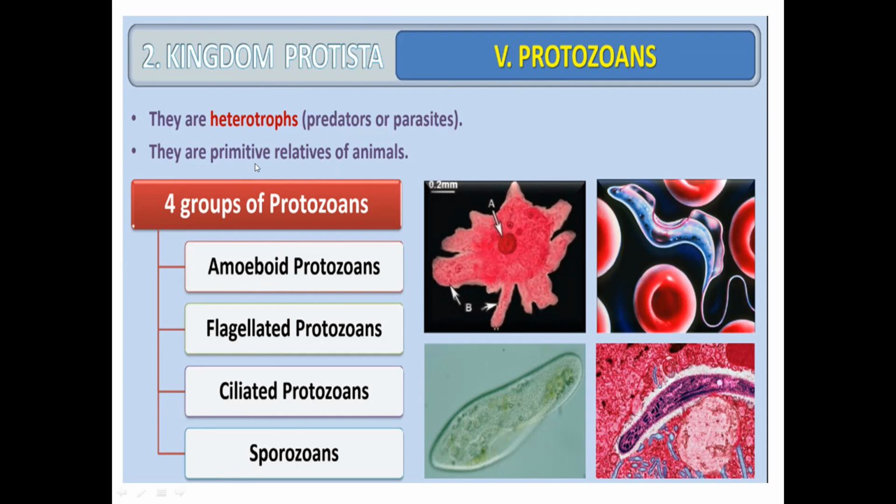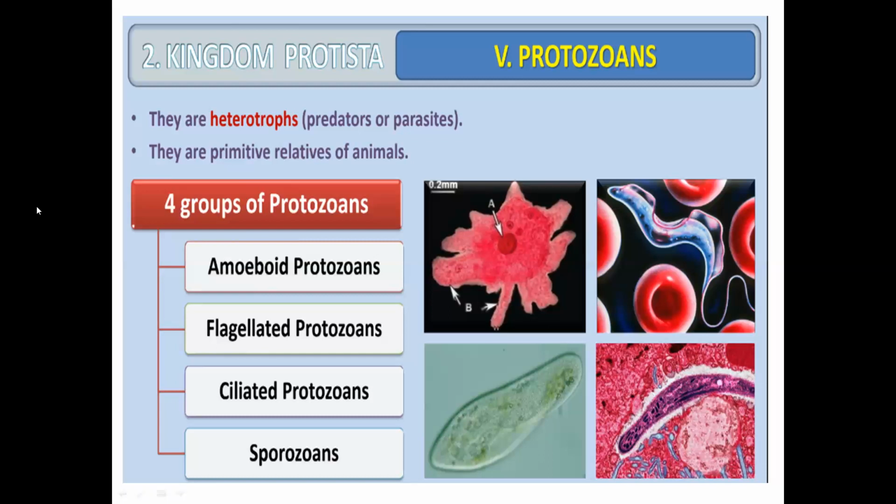They are primitive relatives of animals. Okay. So there are four groups of protozoa. You just write the four groups of protozoa. Just write protozoa dash heterotrophs.